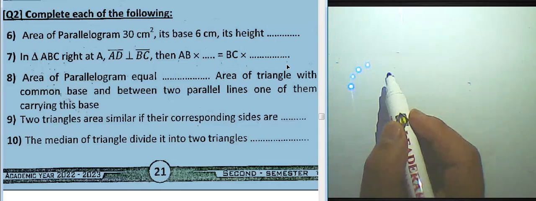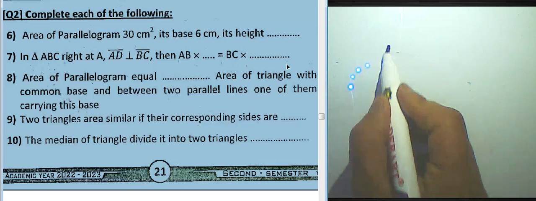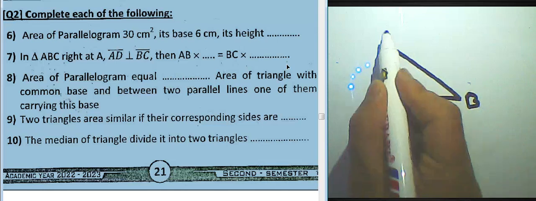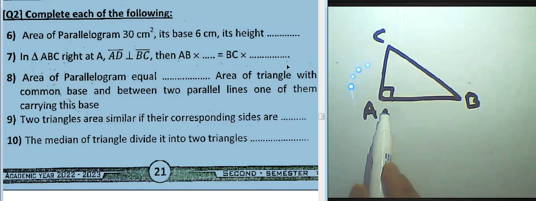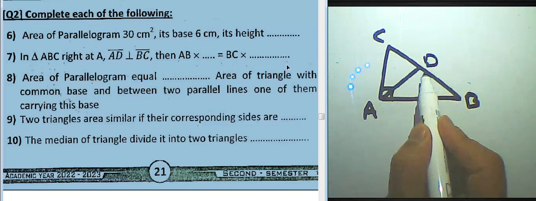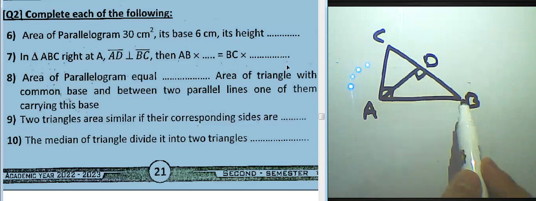Right angle at A. Again, we have a triangle ABC, right angle at A. They give us this information in the example, and they tell us AD is parallel to BC.